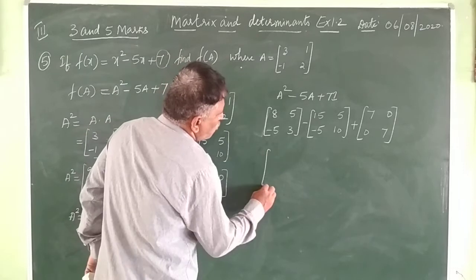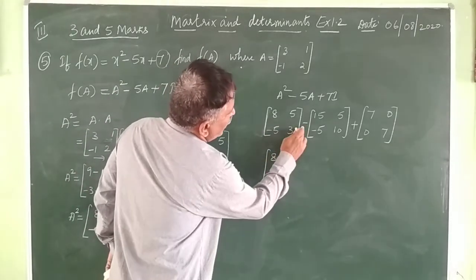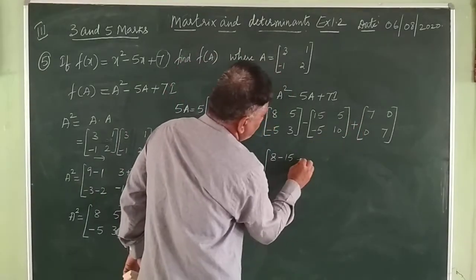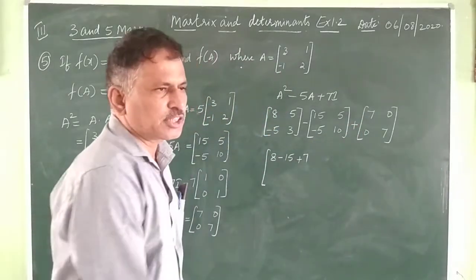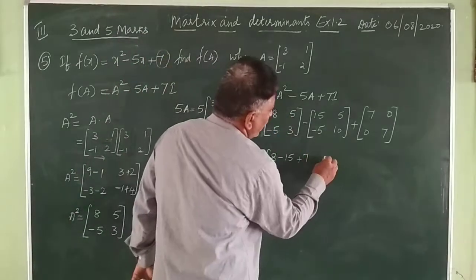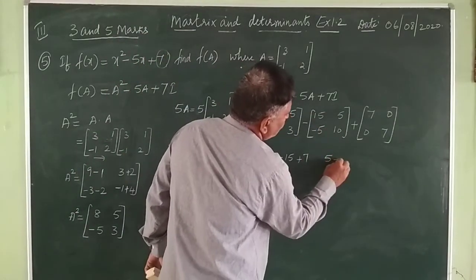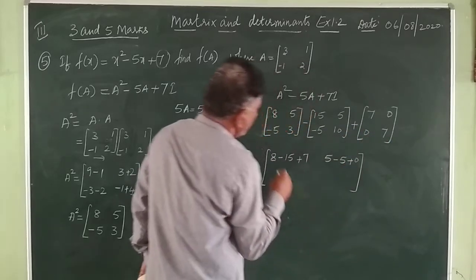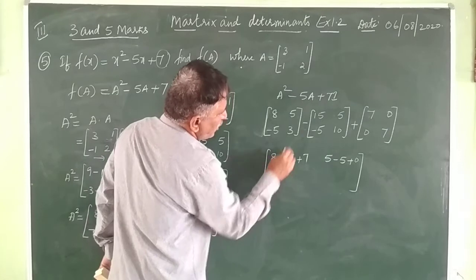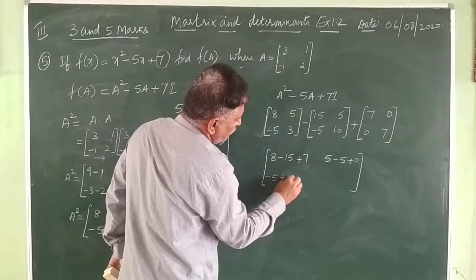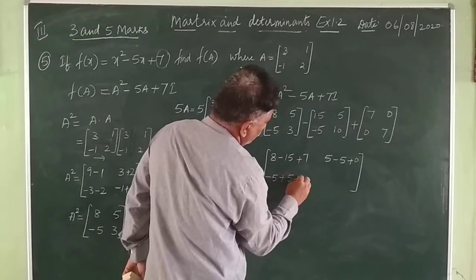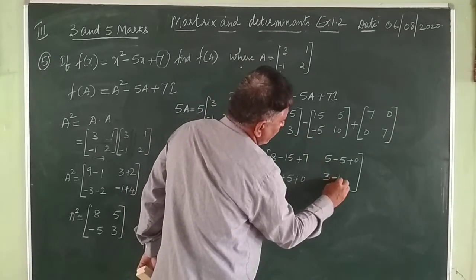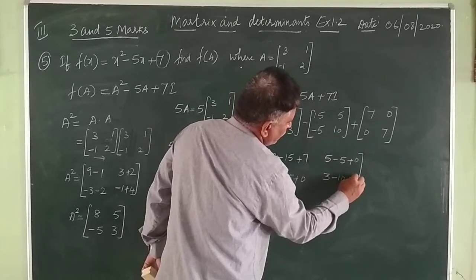So 8 minus 15 plus 7. Here also corresponding elements: 5 minus 5 plus 0. Here minus 5 minus minus, that is plus 5, plus 0. For 3, the corresponding elements are minus 10 plus 7.